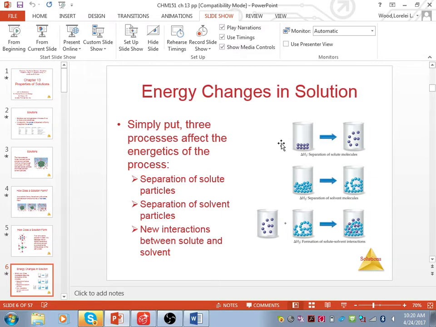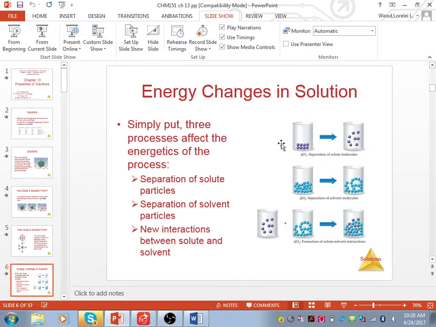Entropy is disorder, and believe it or not, we can actually quantify entropy in terms of the change in the number of ways or places that something can be. We already know what delta H is. That's the enthalpy change, right? And delta G is what we call Gibbs free energy. The equation relates the change in enthalpy to the change in entropy.